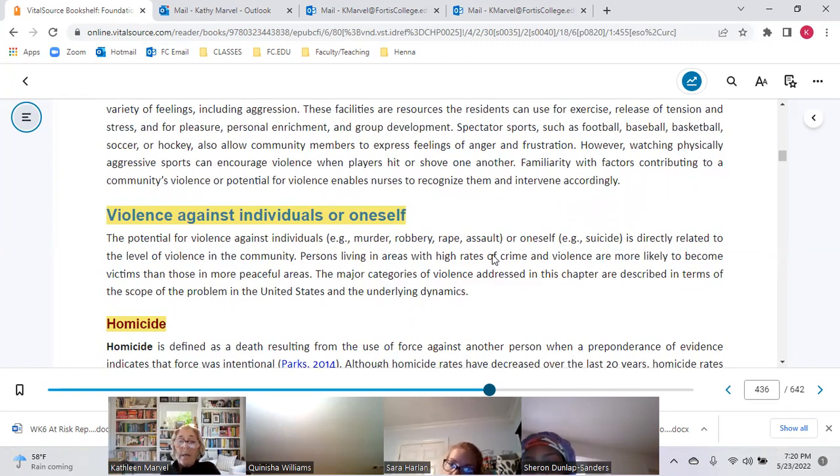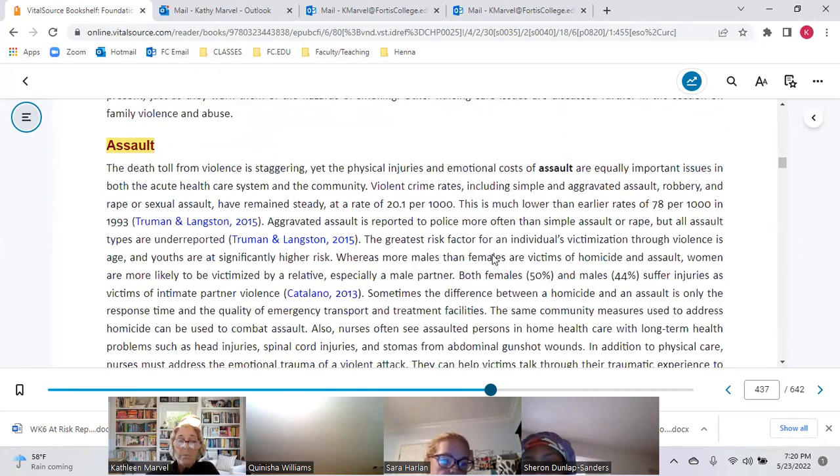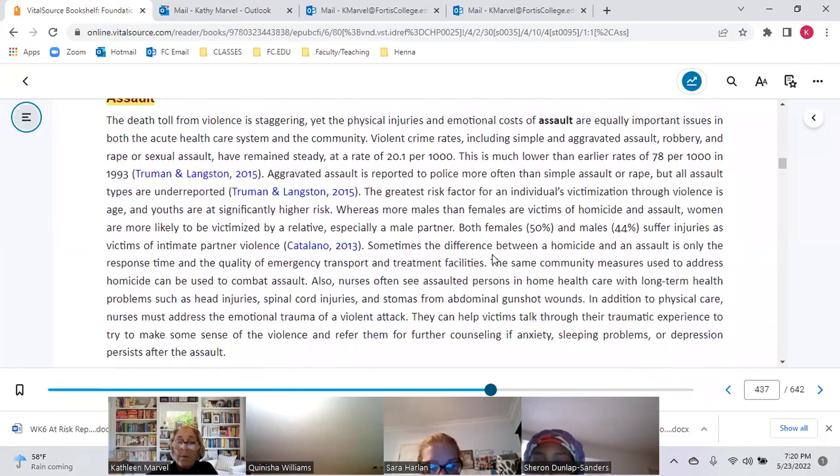Okay. And so what types of violence is this chapter addressing? It's addressing homicide. We all know what homicide is. It's addressing assault. Okay. Assault, the burden of the healthcare system with assault is incredibly high. Okay.